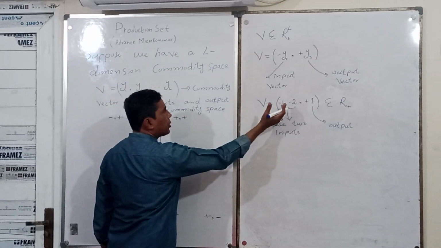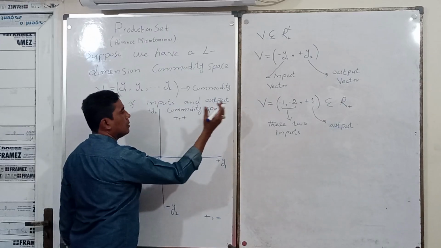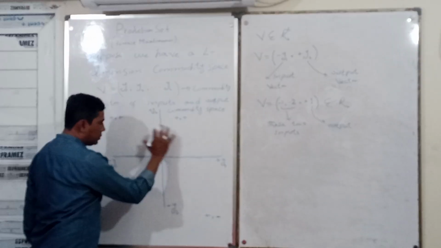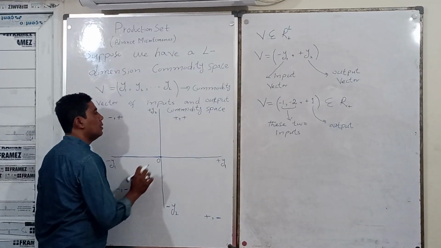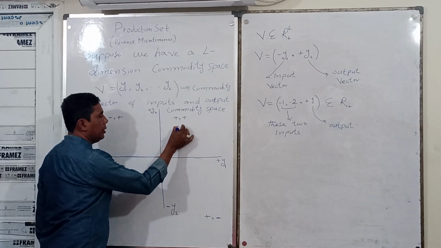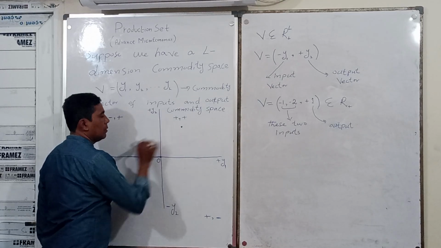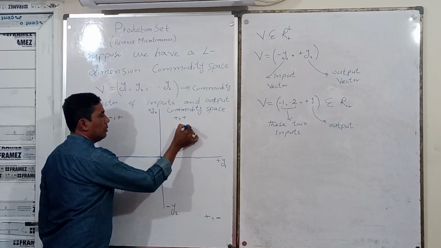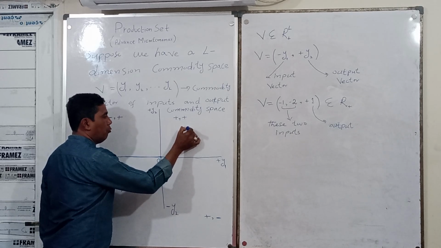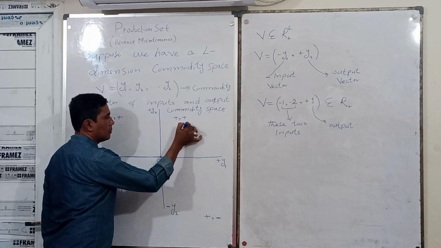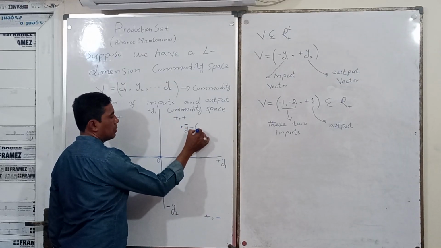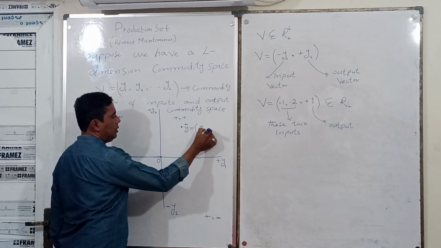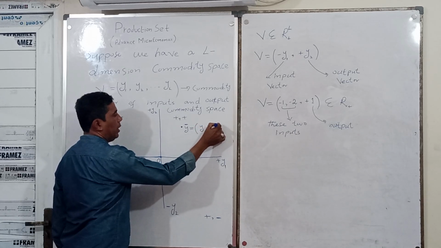Now we try to explain this output and input in these four quadrants. First of all, if we select a point here and mark, for example, y bar, this y bar consists of y1 and y2.